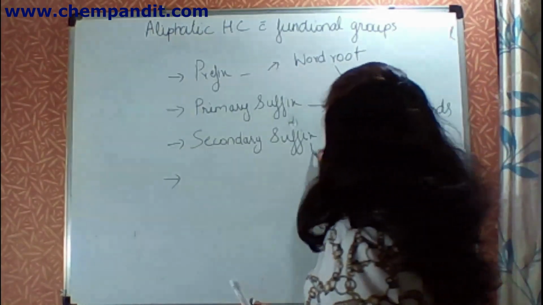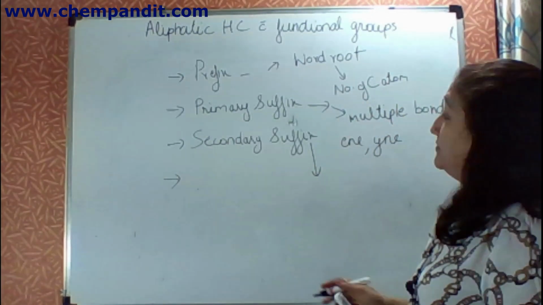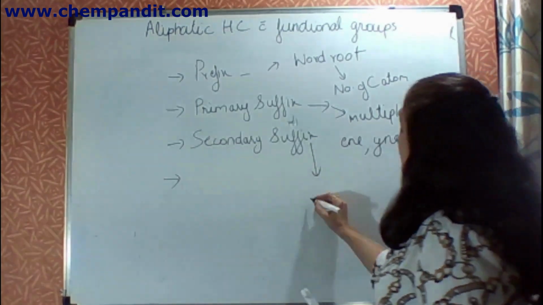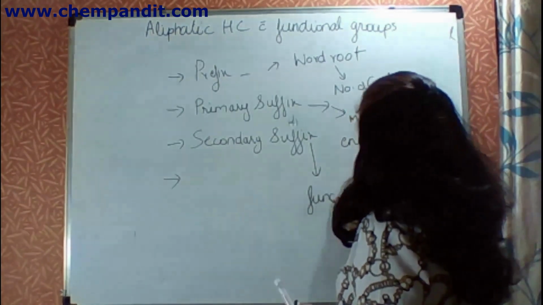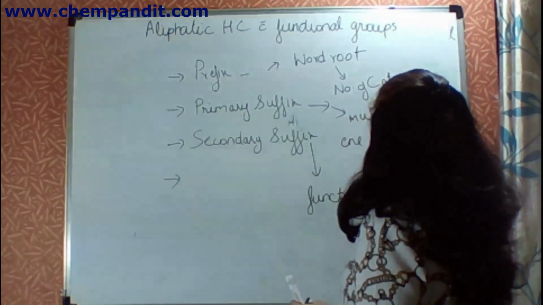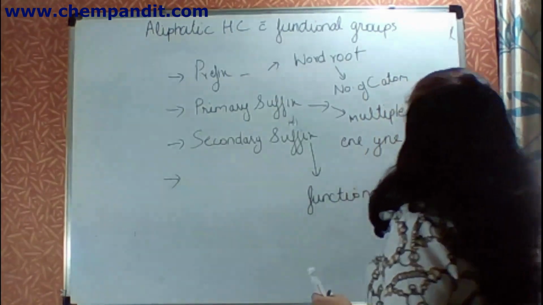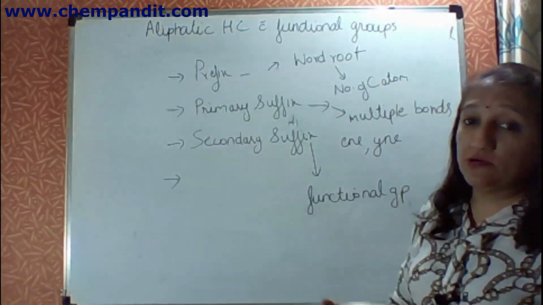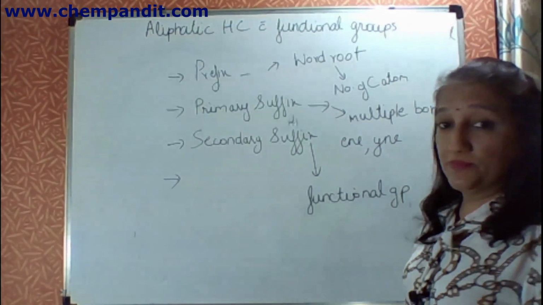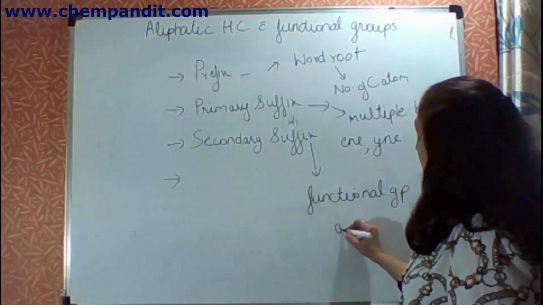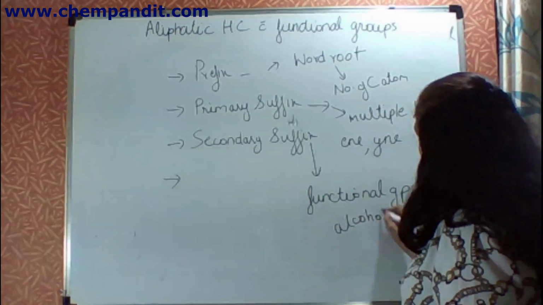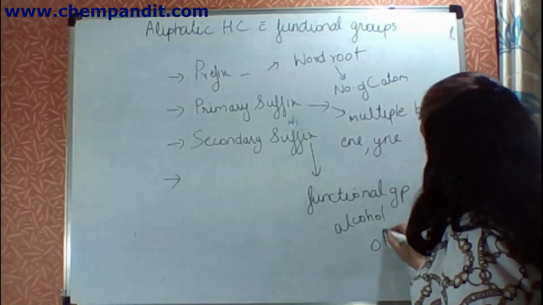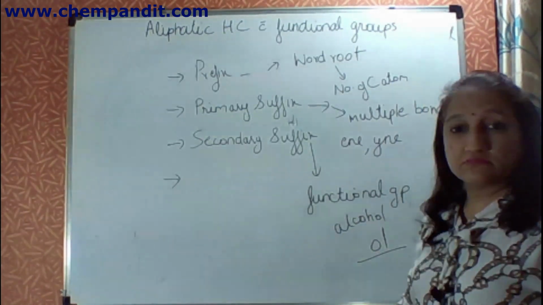Now, secondary suffix, the third part of the name, is decided by the functional group. Yes, functional group, whether alcoholic group is present, carboxylic group is present, amino group, or any other functional group. For example, if alcoholic group is there, OH, then all is the secondary suffix, all.